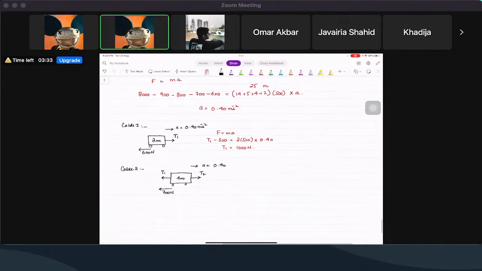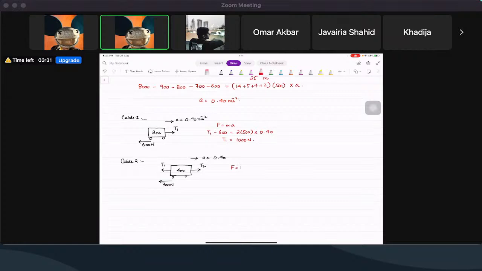So now applying F equals to ma. So T2 minus T1 minus 700 equals to 4 times 500 times 0.40. We already found T1 in the previous part, so you can write 1000 minus 700. This will be, I think, 2000 times 0.40. So this should come out as 2500 newtons. Is it clear, everybody?